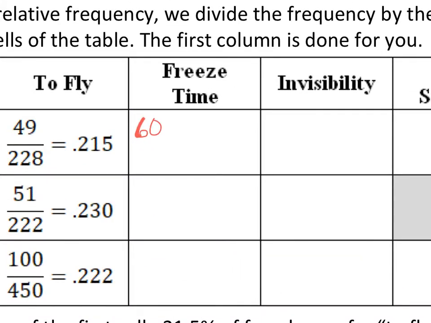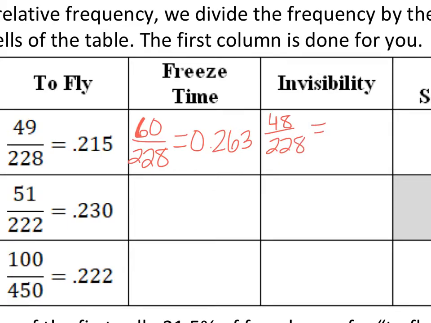So 60 out of our total of 228 for the row equals 0.263. Our invisibility for females was 48 out of 228, which is 0.211.